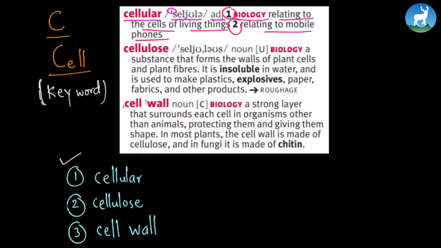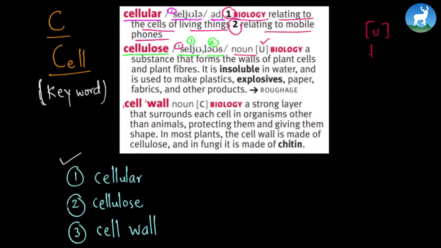The second word that I was looking for was cellulose. It has got 2 syllables, and the stress falls on the first one. See the difference? So what is the correct pronunciation of this word, C-E-L-L-U-L-O-S-E? It is a noun, and it is an uncountable noun.